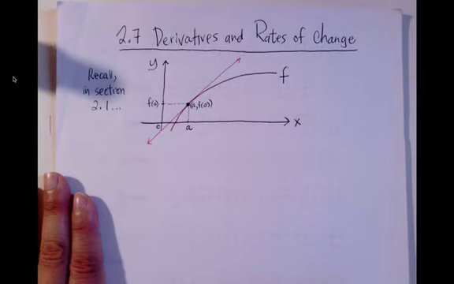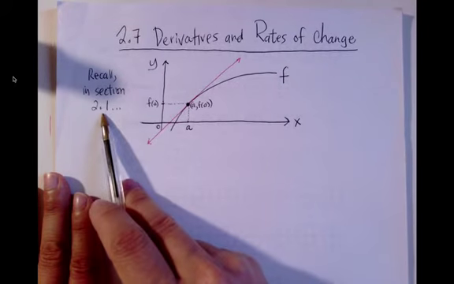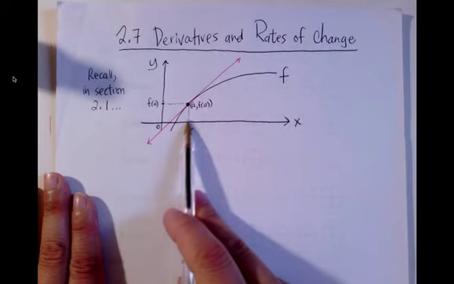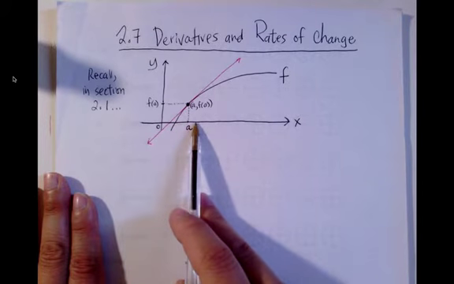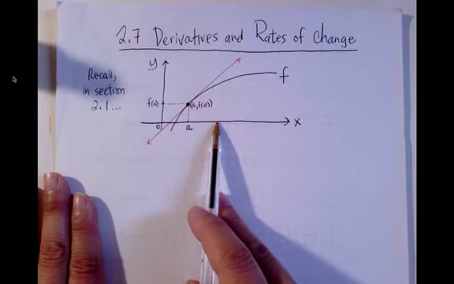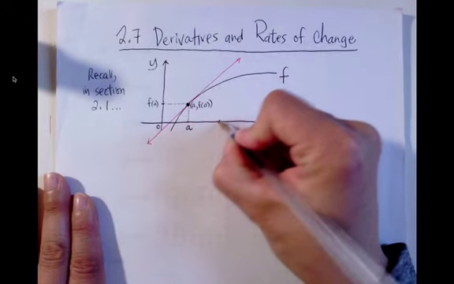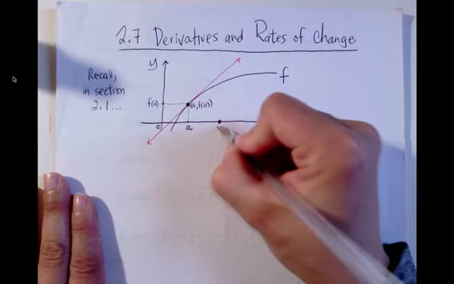Now, the strategy that we used in section 2.1 was that we chose a second point near a. We could choose a point to the left or to the right of a. I'm going to choose a point on the right because it's a little easier for me to draw. Let's call this point x.